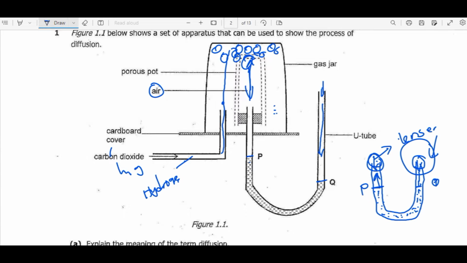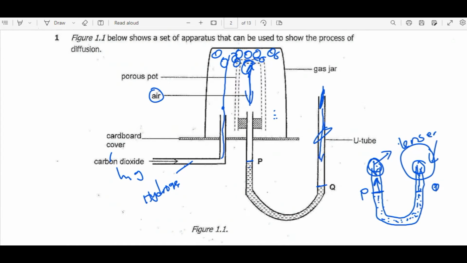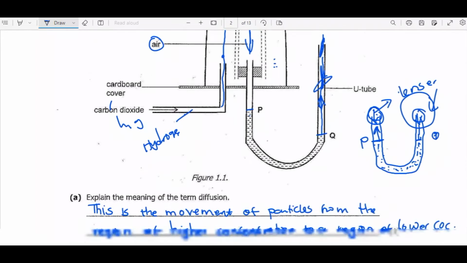The air this side becomes less dense. As a result, now it will move upward. So this is what will happen.